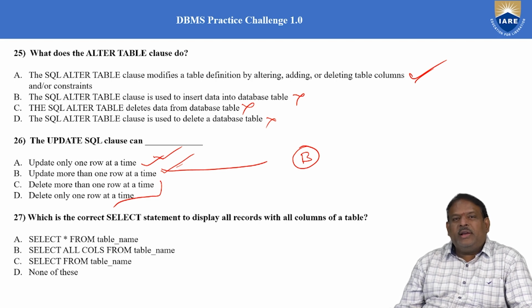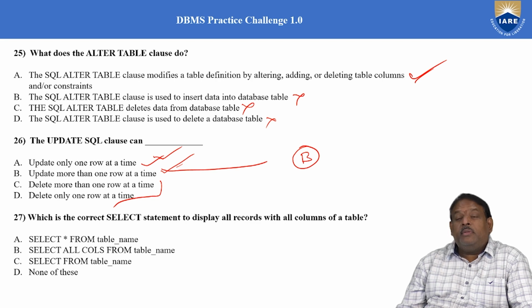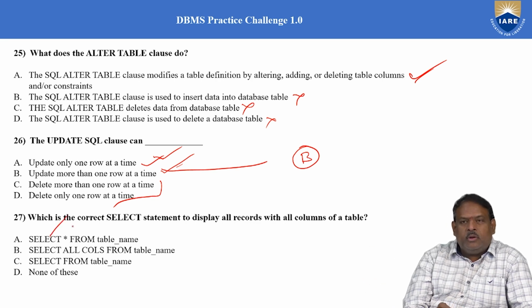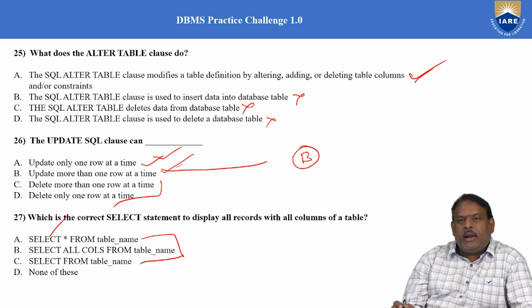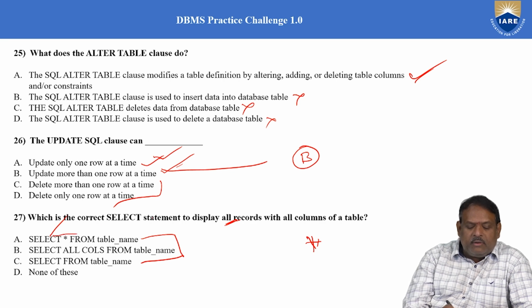Which is the correct SQL statement to display all the records from the database table from all columns? So we know that select statement is there. The probable answers are A, B, C. These 3 can be the right answers. But it says all the columns. When you want all the columns, you have to use star. So select star from the table. So option A is correct.